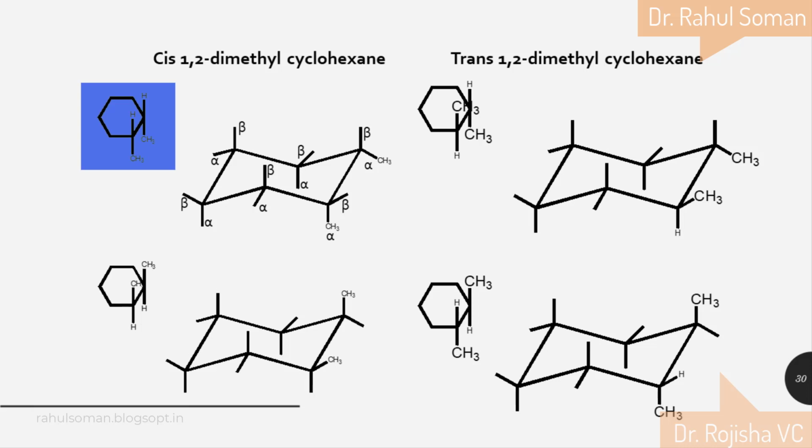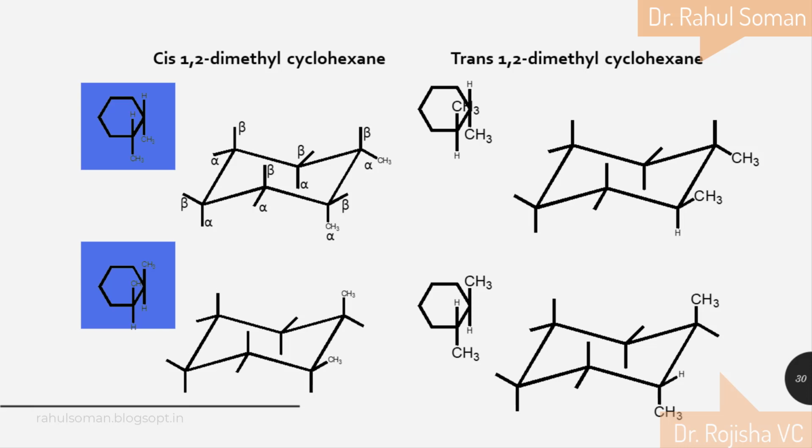The cis bond means either alpha alpha or beta beta. Alpha means it is down, and beta means it is up. In the chair conformation, we can have both.